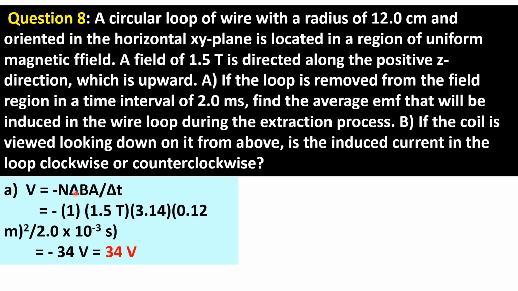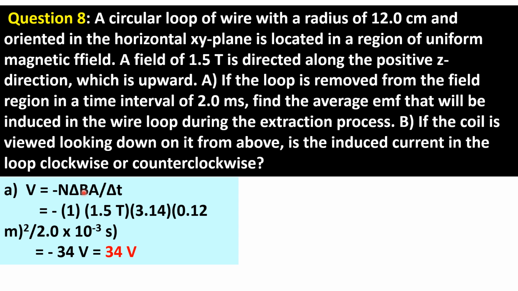Sometimes the product BA is also called the magnetic flux, represented by the Greek letter phi. That will be divided by the change in, or interval of, time. You will notice that delta BA over delta T represents what we call the rate of change in the magnetic flux.